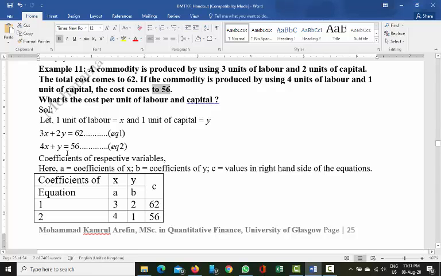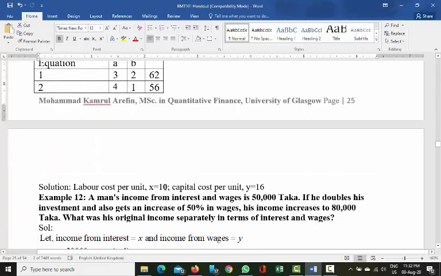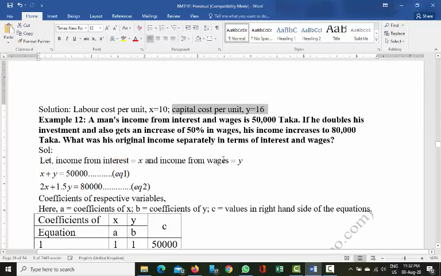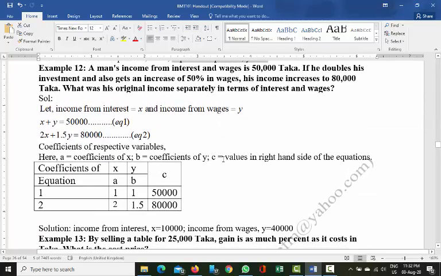Now if you solve it using a calculator this way, you will see that the value of x is 10. That means labor cost per unit is x, which is 10, and y is 16. That means capital cost per unit is 16.